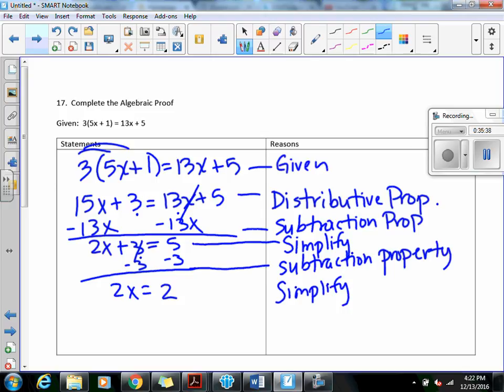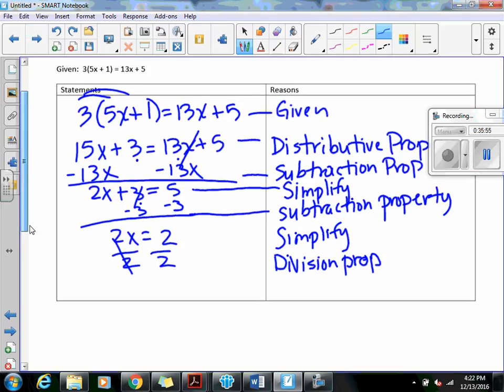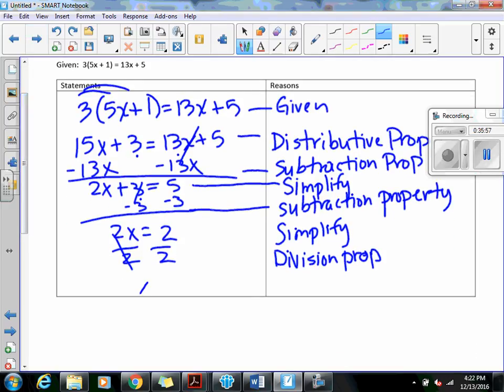That's how we got 2x equals 2. And now what am I doing? I'm dividing both sides by 2. So that's the division property. We're just writing down the rules that allow us to do the steps that we know to do. And then when I simplify, I get x equals 1.